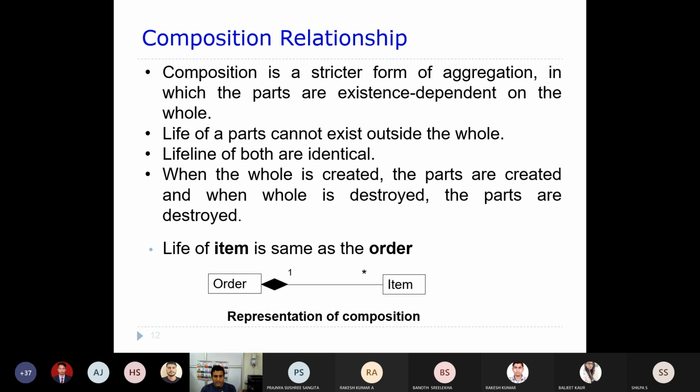That means it becomes a car, and everything has its value. Now if you separate them, the wheel, the steering and the doors, they do not have any life. So the lifeline of all of the aggregated items is the same. When the whole is created, the parts are created. When the whole is destroyed, the parts are destroyed.